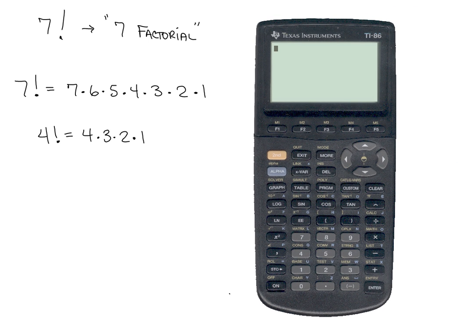On my particular calculator and a lot of the Texas Instruments calculators, where you're going to find factorial is there's going to be a math menu. And on my calculator, above my multiplication button, you see where it says math? So I hit second function and then the division button. I believe this is where mine is. Nope, I take that back. Sorry, guys. Where is it on this one?